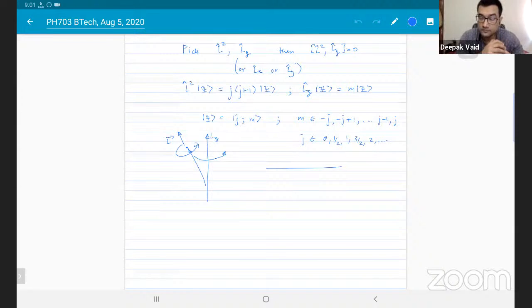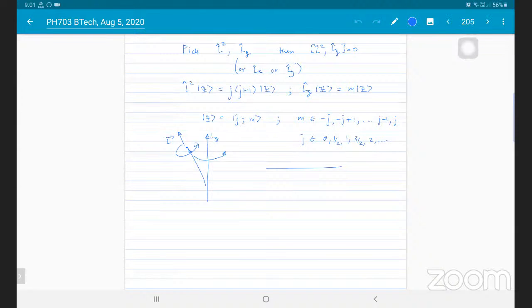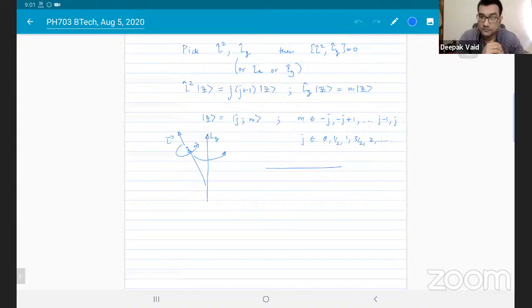So how can we draw this picture for many-particle systems? For more than one particle, it becomes difficult to draw such pictures. But we will see what we can do in our later lectures.